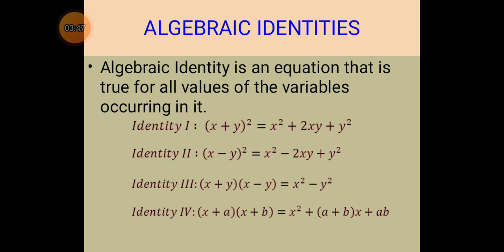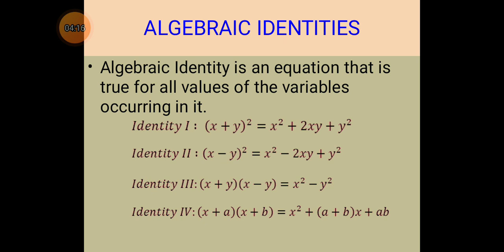The third identity is x plus y into x minus y. That is, product of two binomials where first term and second term are same and one's plus is there and in the second bracket minus is there, or in the first bracket minus can be there, in the second plus can be there.